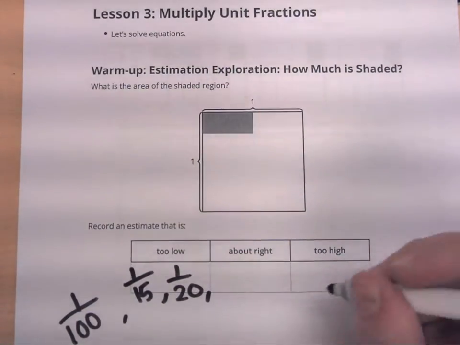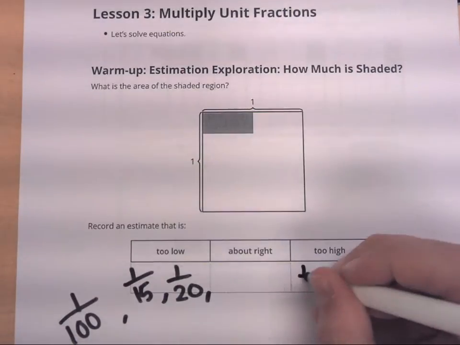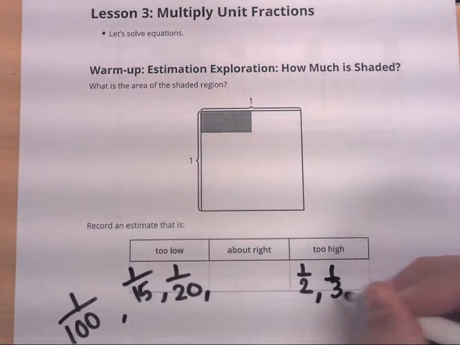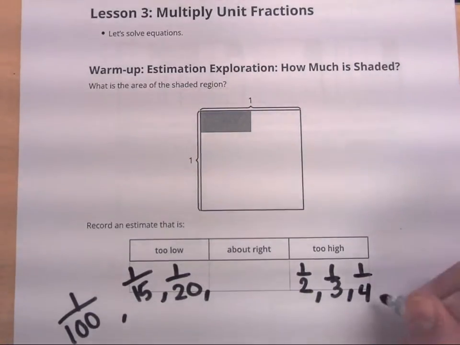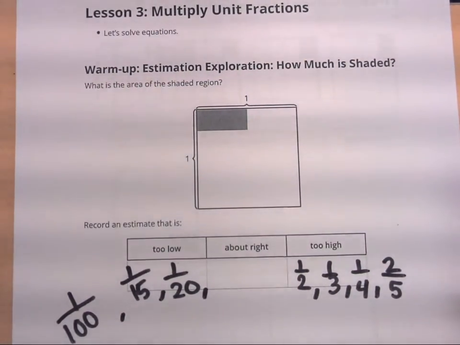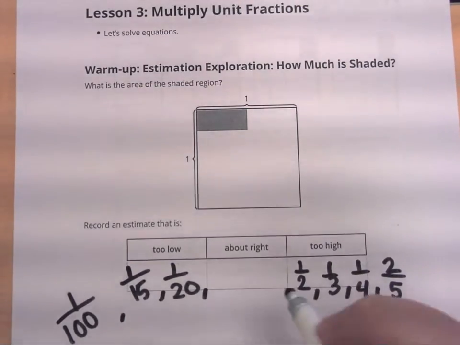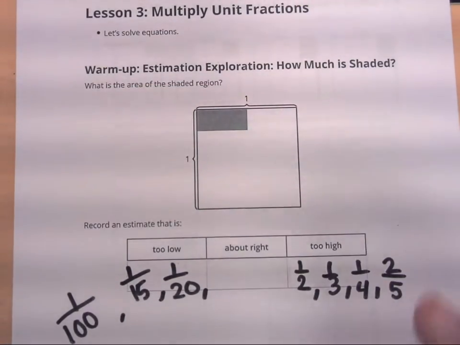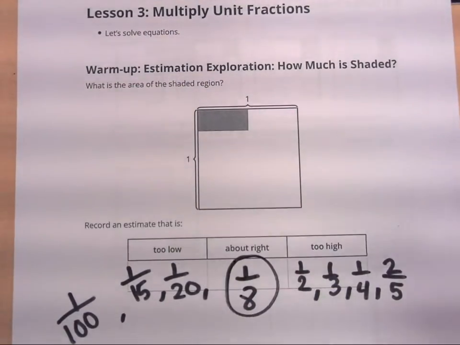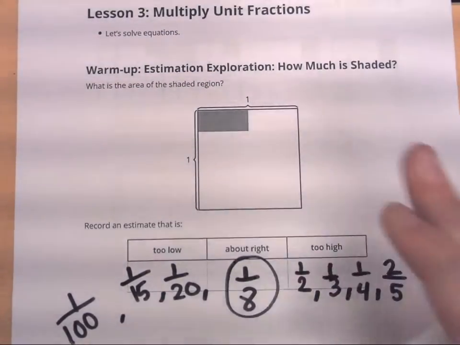And for too high, many students listed fractions like 1/2 or like 1/3, 1/4. One student even suggested 2/5. And the about right, and this was really neat because so many students were so sure that 1/8 was the about right fraction for this.